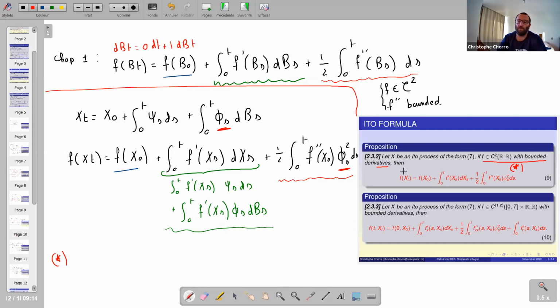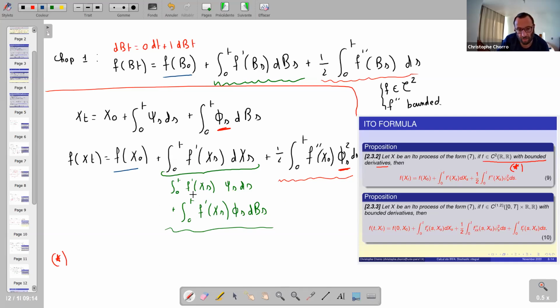So I need this very restrictive condition in order to give sense to the Ito formula. Keep in mind that if I want to write this, I need all the integrals involved in the decomposition to be well defined.